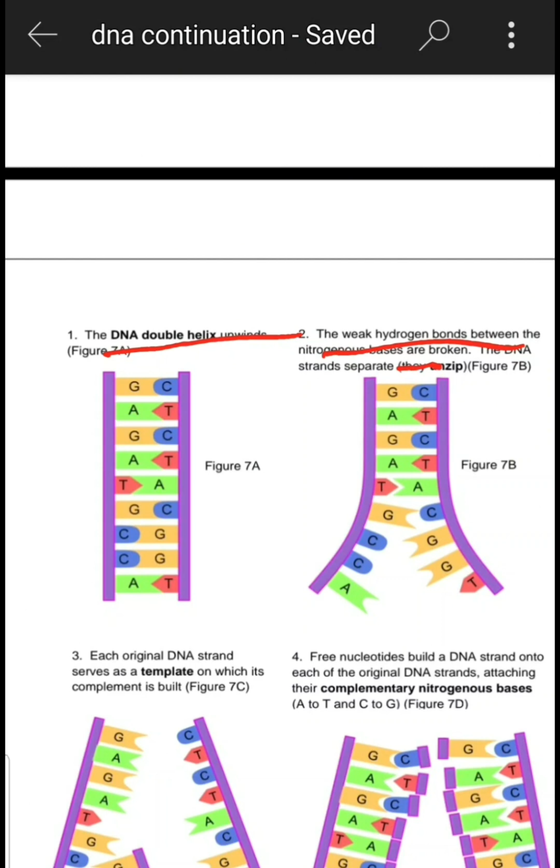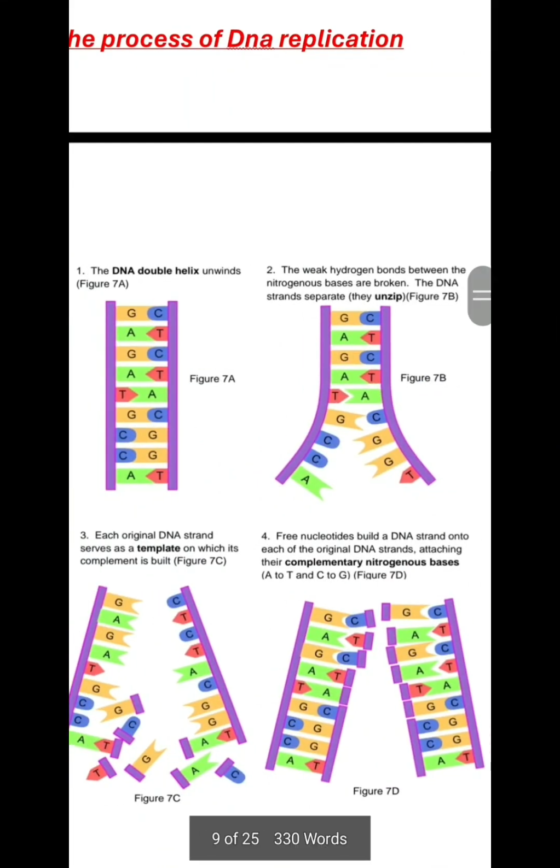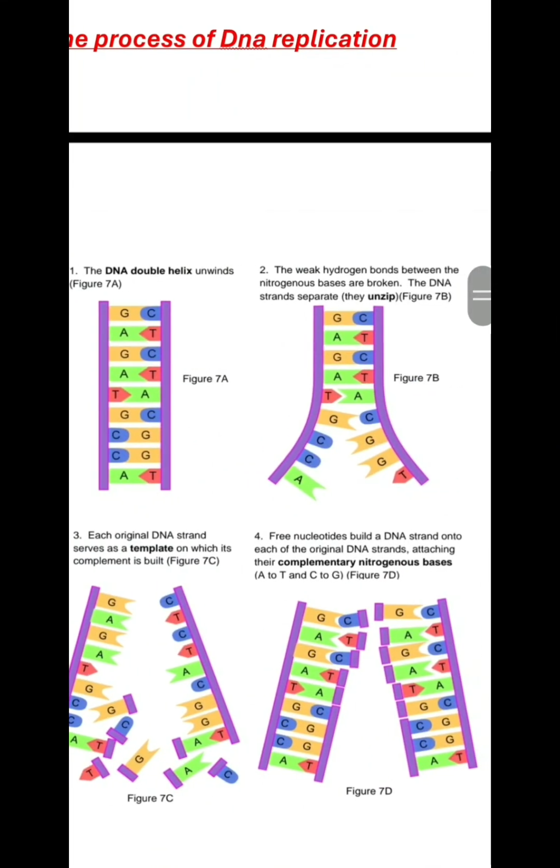We know that the nitrogenous bases are attached to each other by weak hydrogen bonds, so they basically break, right? And then the DNA strands separate. So basically they unzip.